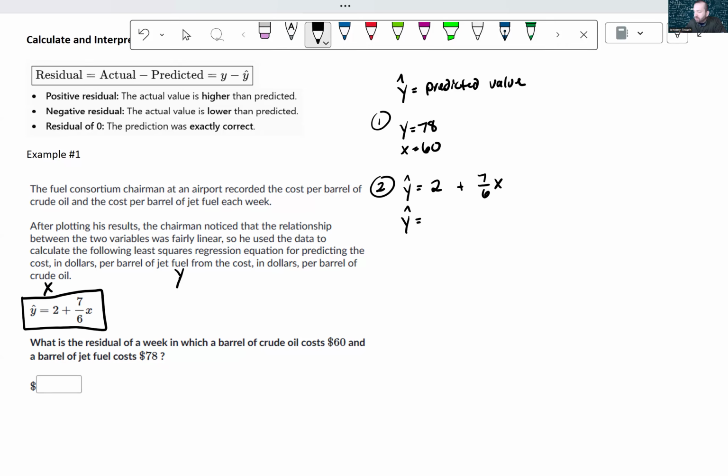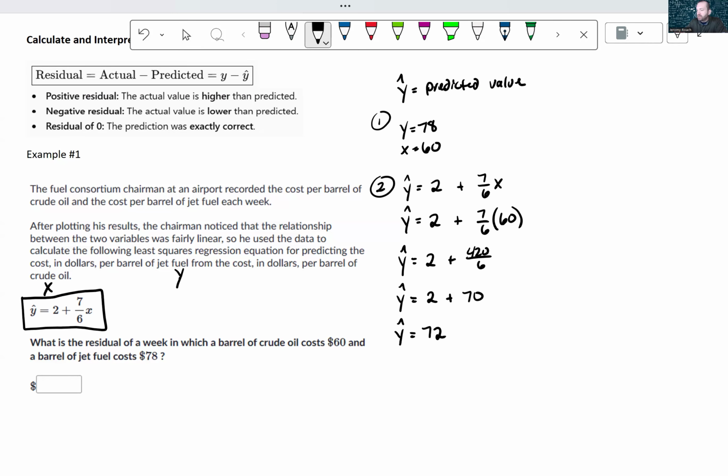X is 60 in our variables that we've determined. Now we said y was 78. That does not mean y hat is 78. Those are two different variables. So now we're going to write y hat is equal to 2 plus, that's 420 over 6. Y hat is equal to 2 plus 70. And our y hat value is equal to 72.